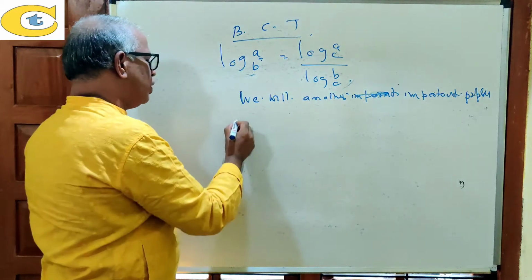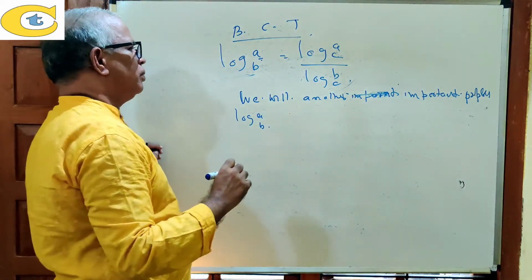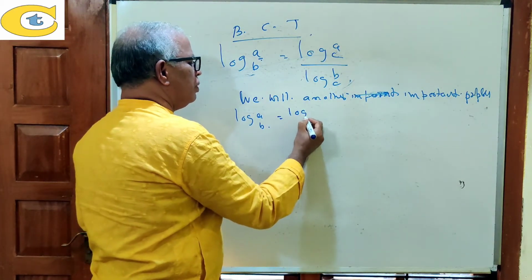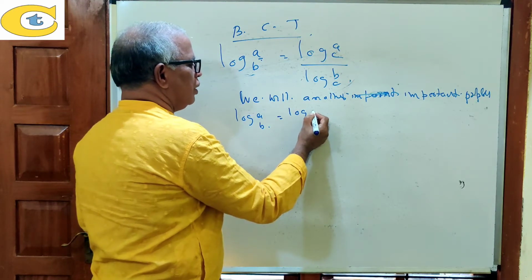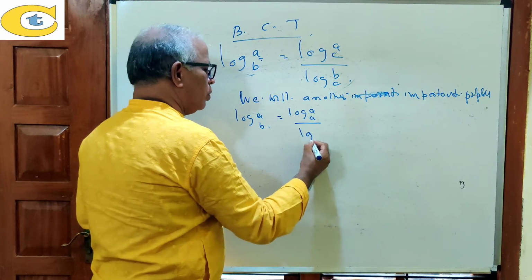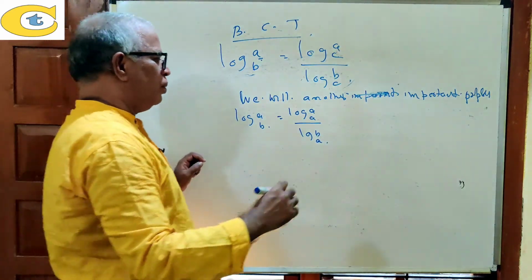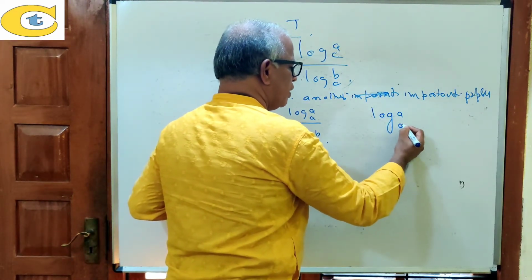See, logarithm of a to the base b is equal to logarithm of a to the base a into logarithm of b to the base a. Now logarithm of any number to the same base is equal to 1.